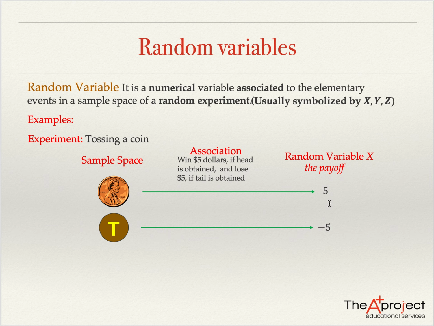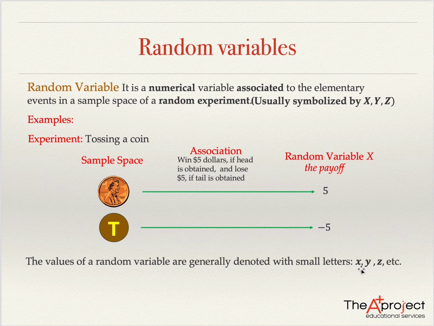And if we want to represent each of these values, we can use small letters x, y, and z. For example, for the value 5, I can use the small letter x. So the small letters are usually useful to represent a value of the random variable that is represented with the capital letter.